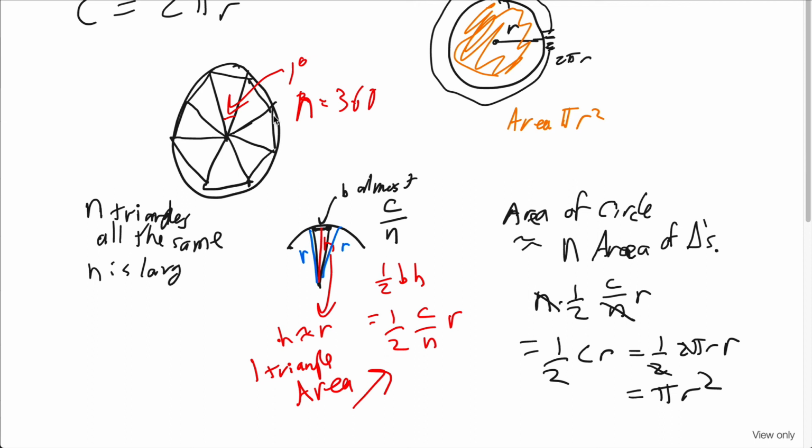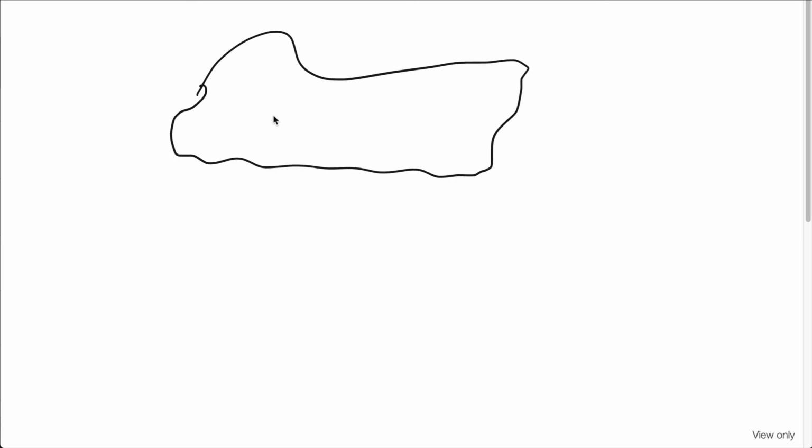This is a little bit of the idea that one sees in calculus, with cutting things up into very small pieces. And I'll just mention something else. Namely, let's say that I wanted to compute the area of this figure. So how might I do this?